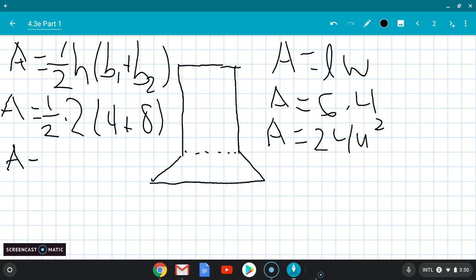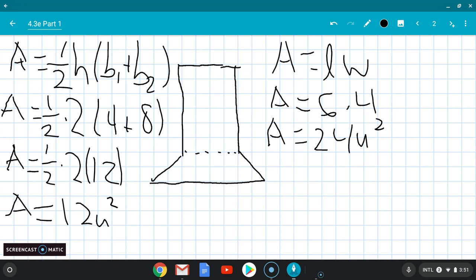Take it one step at a time. We do what's in parentheses first. 4 plus 8 is 12, right? So it's 1/2 times 2 times 12. You could use 0.5 in your calculator.